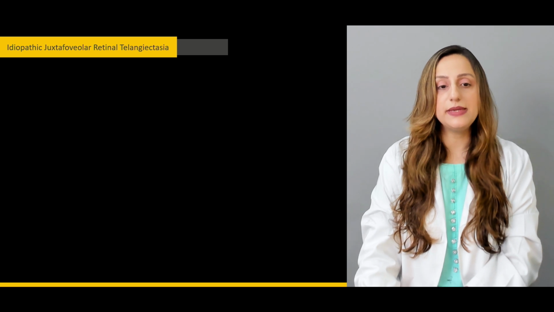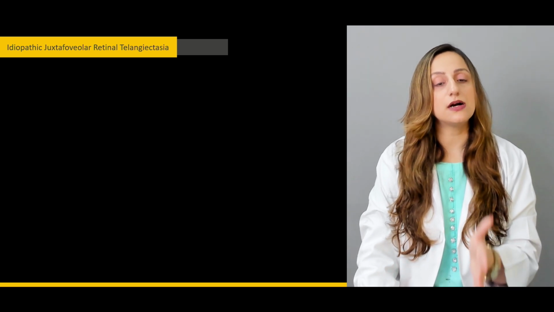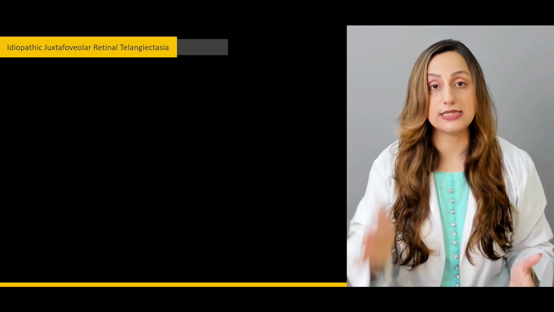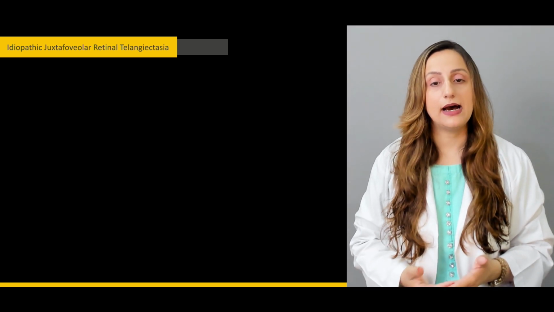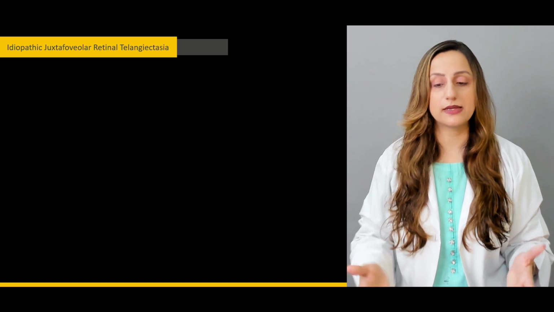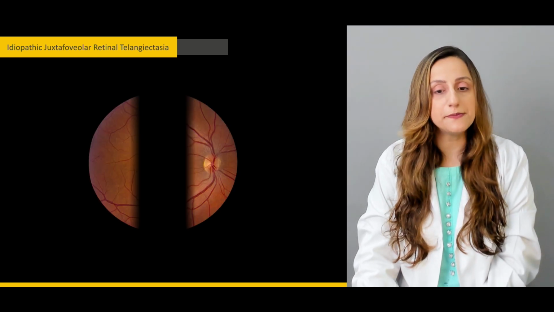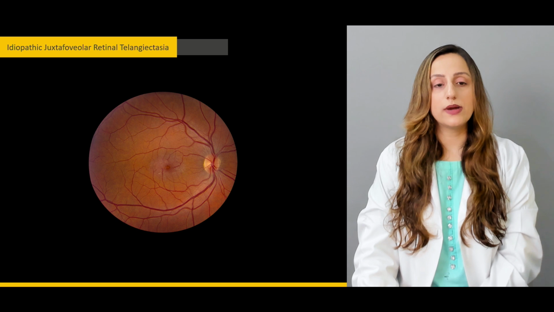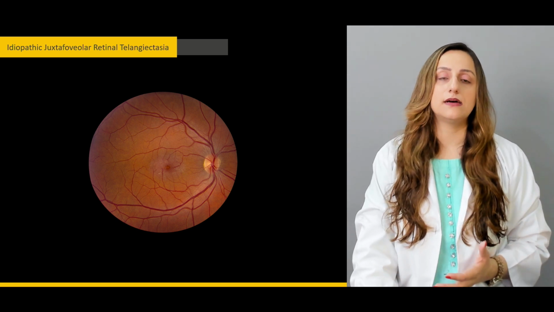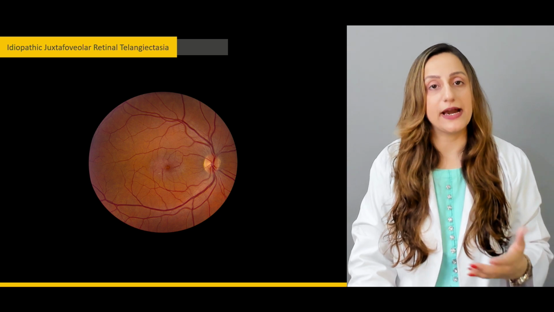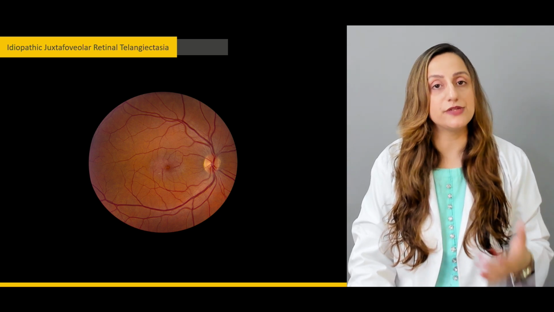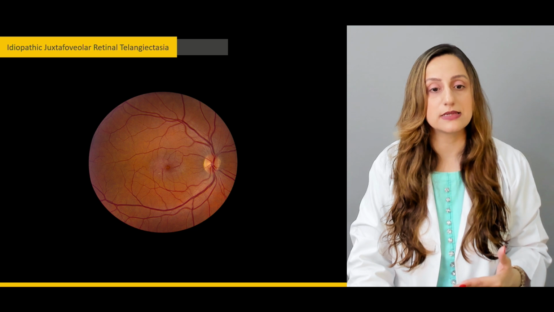It can be the idiopathic juxtafoveolar retinal telangiectasia. So these are the particular varieties of the telangiectasias that we can observe. They are again congenital in their nature, all of them. So idiopathic basically means that there is no particular pathogenetic factor or no risk factor for the development of these telangiectasias.